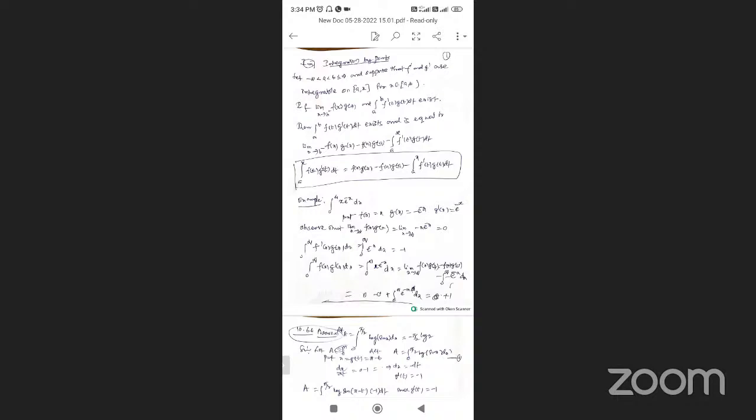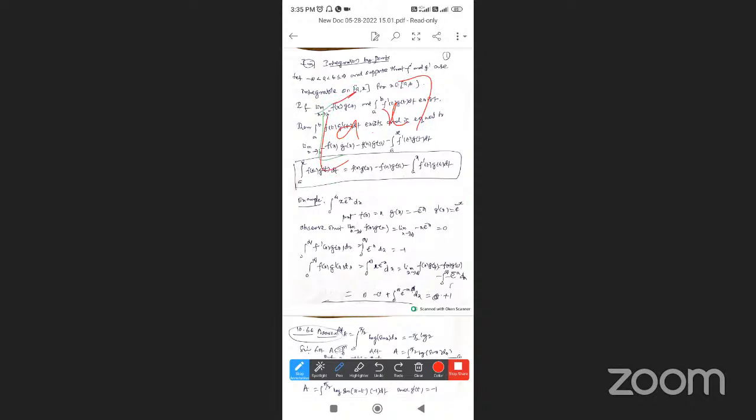Suppose f dash and g dash are integrable functions on the closed interval a to x, and x belongs to the closed interval a b. So this is the closed interval a to x.